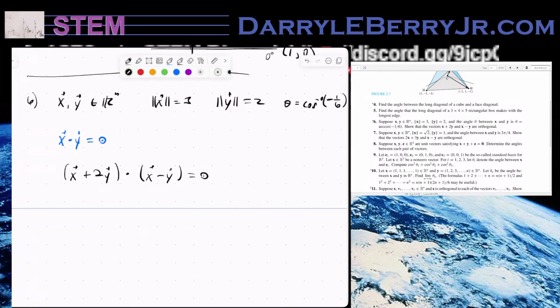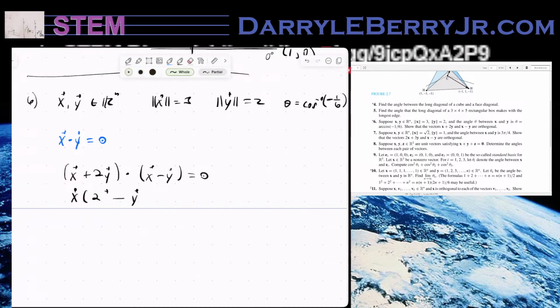So let's see what we can do here. We could simplify this and say X, 2Y, minus Y equals 0.